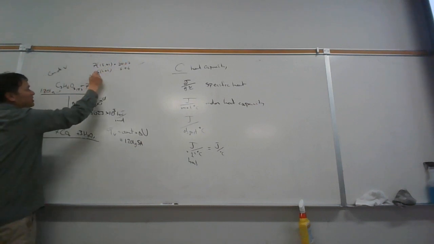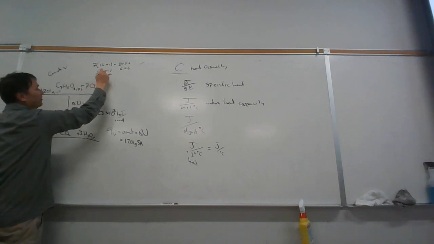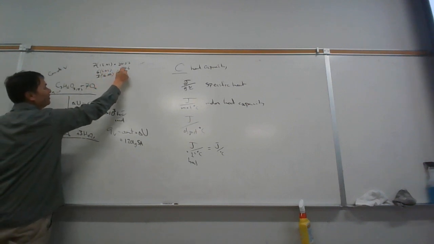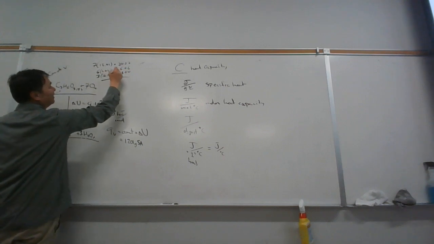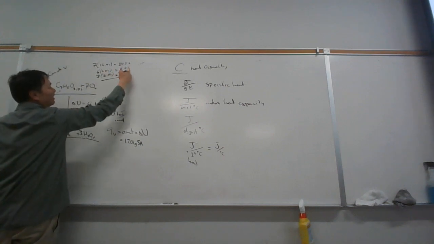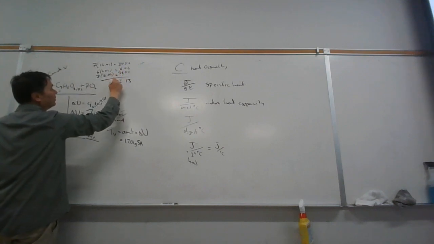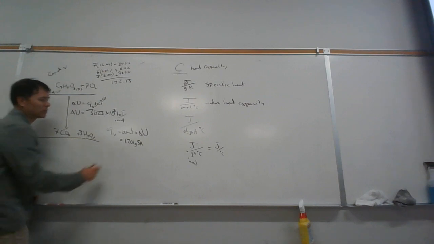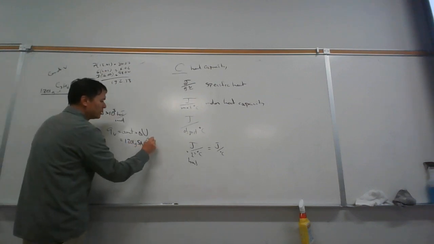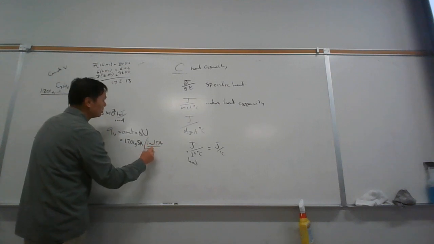I have 3 oxygens, 3 times 16.00, it's going to be 48.00. And that's going to give me 132.13 grams per mole. So 1 mole of salicylic acid weighs 132.13 grams.